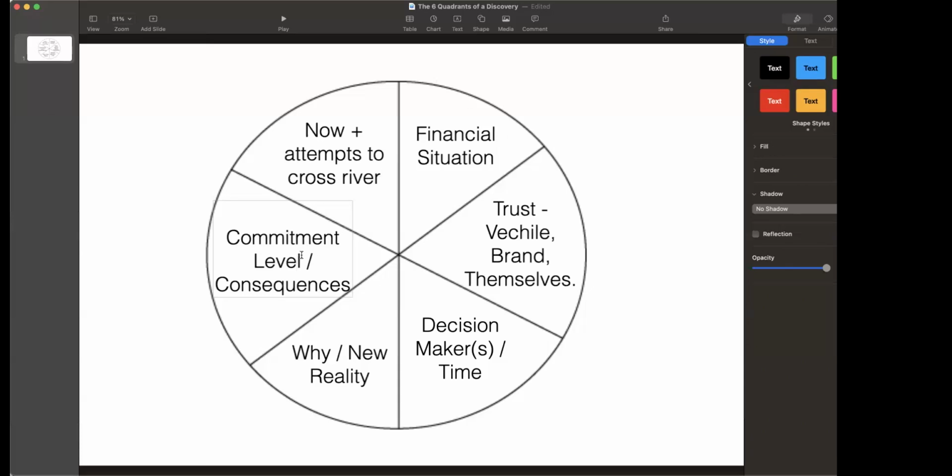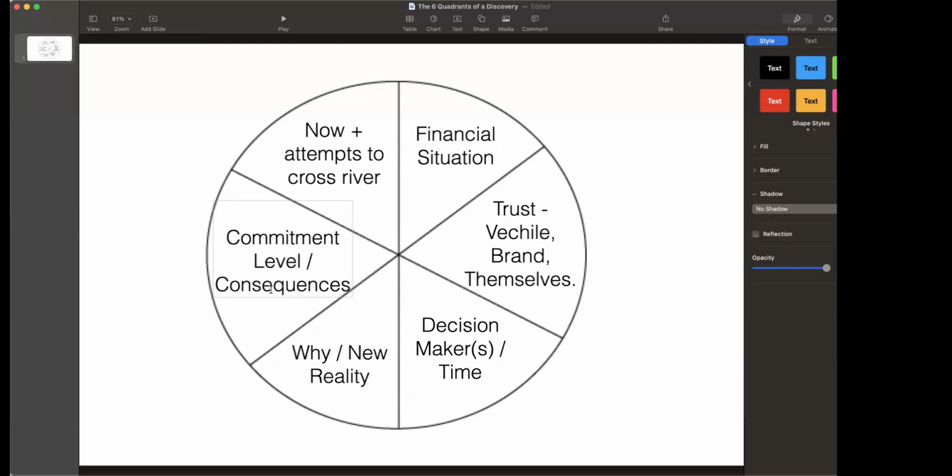Now we can simply take all that stuff they've given us and connect it to any of the blocks they gave us as we were dot connecting, and ensure those blocks are not going to get in the way of these amazing things they told us they wanted in the why and the new reality. And if there is any resistance to that, making sure they understand the consequences of not taking action, that they're actually clear on that.